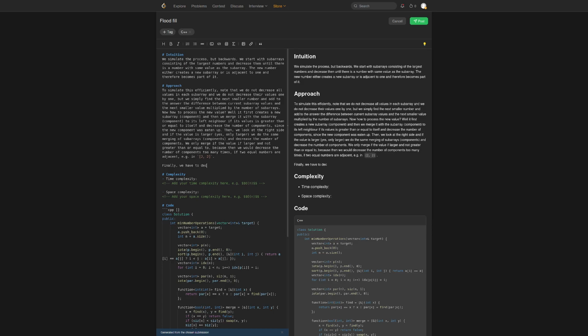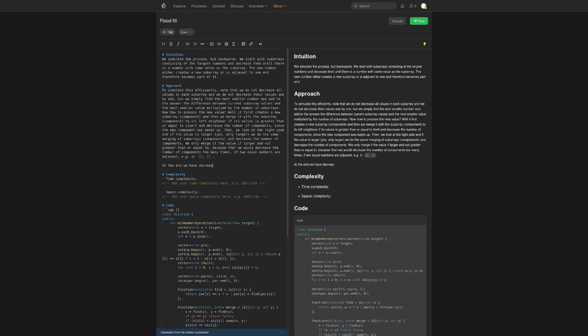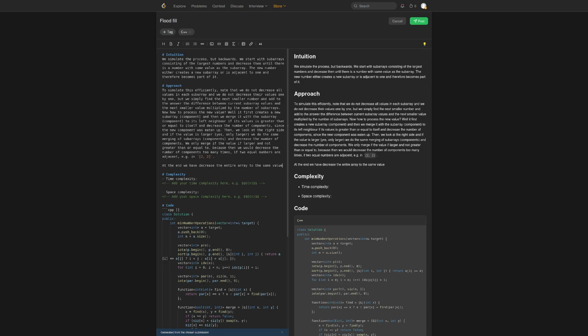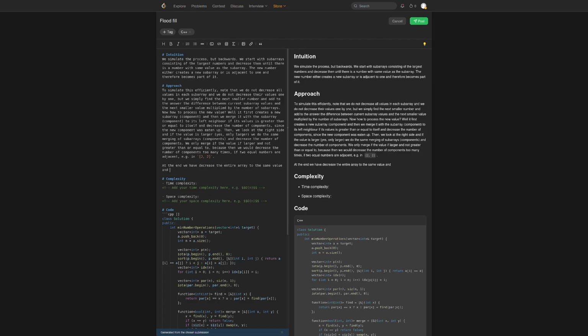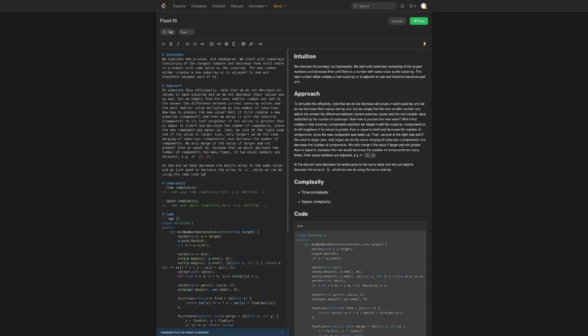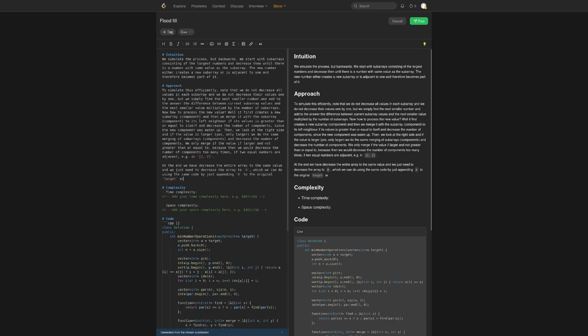Finally, when we have decreased the entire array to the same value, we just need to decrease the array to 0, which we can do using the same code by just appending 0 to the original target array.